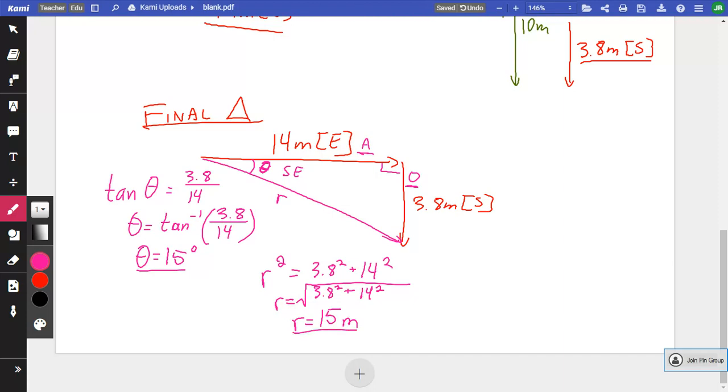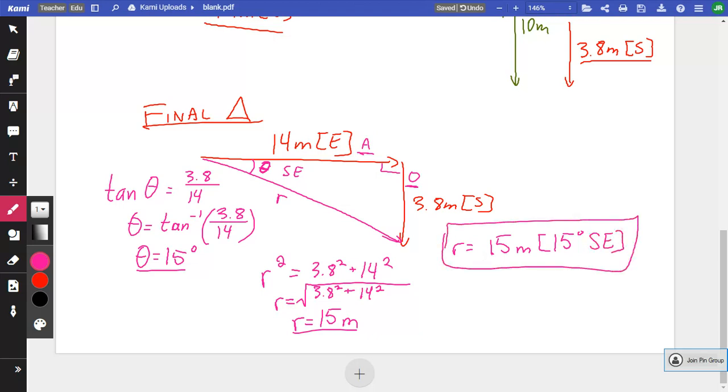What direction? Let's put it all together. Our final answer is R equals 15 meters at an angle of 15 degrees south of east. And so that's how you put it all together.